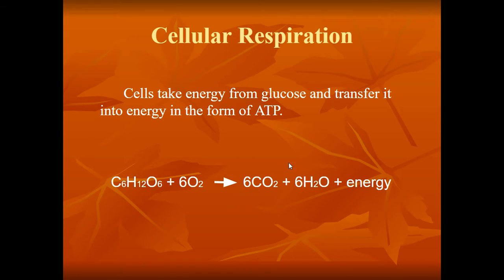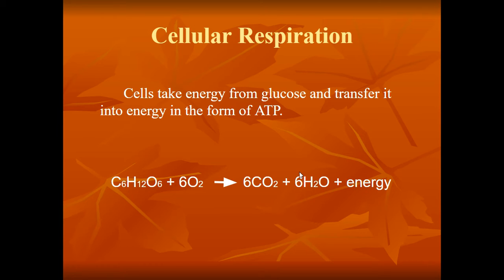What we start with in photosynthesis is on this side, and what we end with is on this side. In cellular respiration, we flip the arrow around and take the stuff that photosynthesis makes and make the stuff that photosynthesis needs to start.